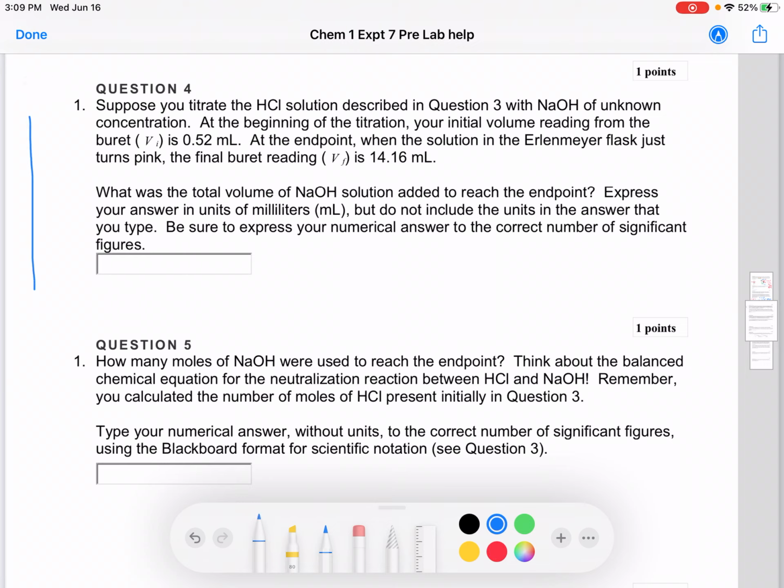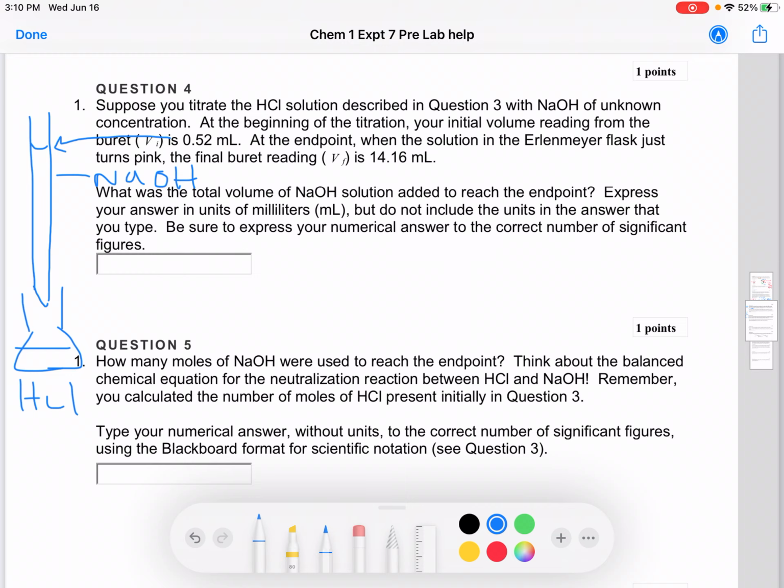Let's say this is your buret, and you have your hydrochloric acid in the flask here. This is HCl and sodium hydroxide here. Your initial buret reading is 0.52 at the beginning.